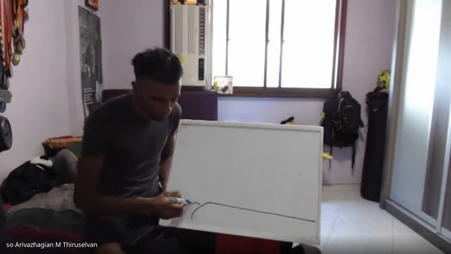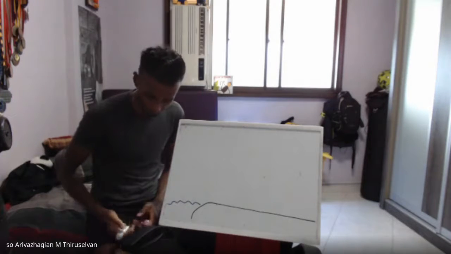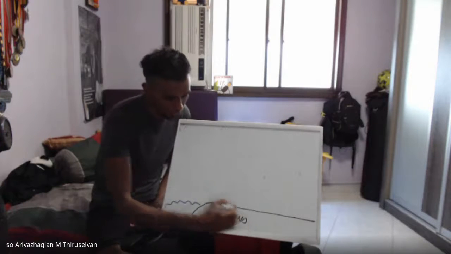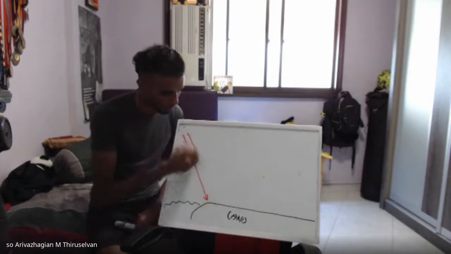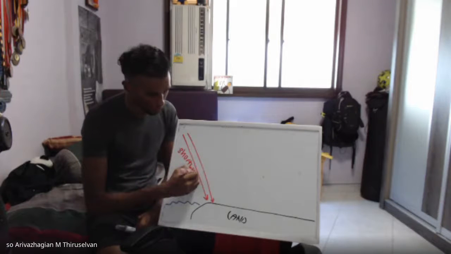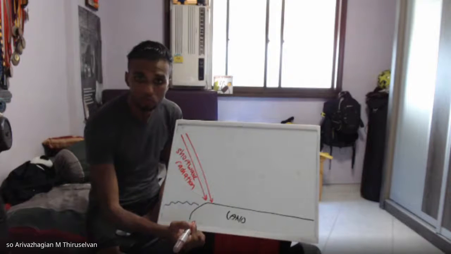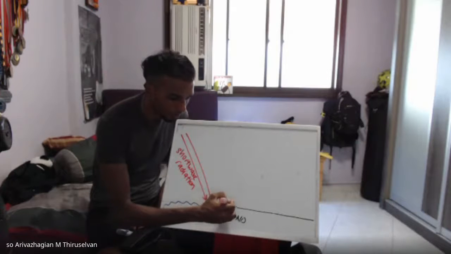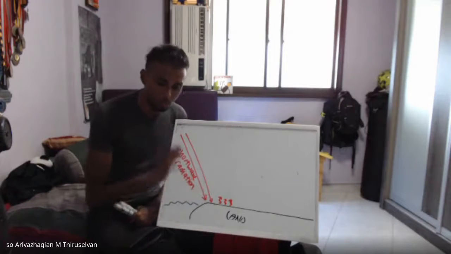There are a few things that I wanted to take note of. This is land. Let's revise again: incoming shortwave radiation will hit the Earth. This shortwave radiation is absorbed by the Earth's surface, and then the surface gives back longwave radiation.